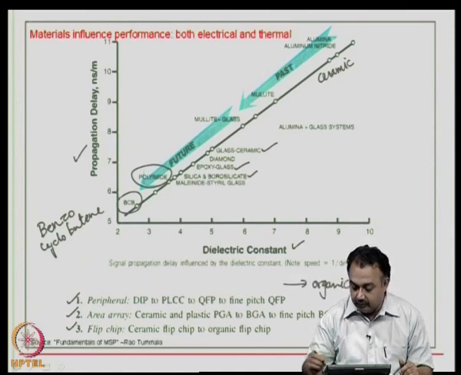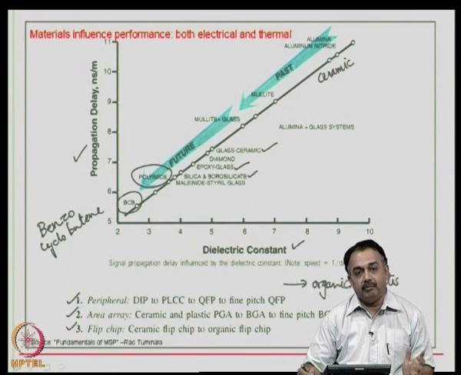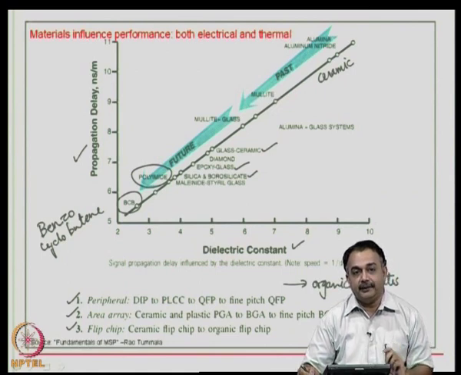We are moving more towards organic substrates and organic packages, firstly because it is cost effective, and secondly we are able to synthesize organic materials with better dielectric materials to achieve better electrical performance compared to the expensive ceramic materials.